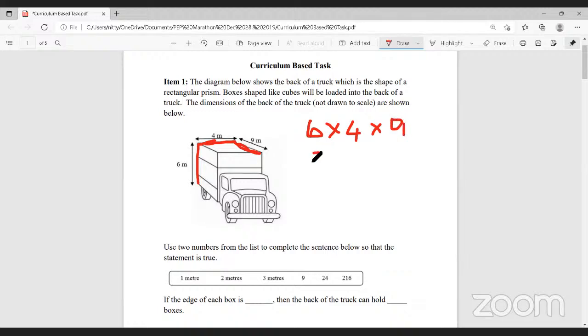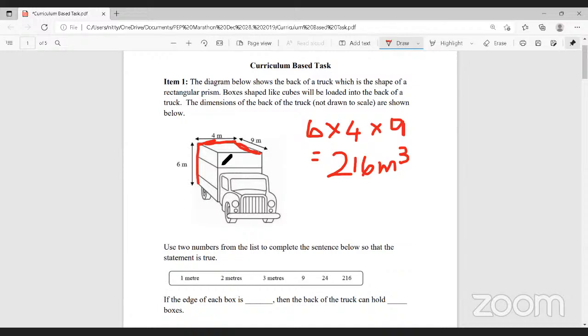And this gave us 216 cubic meters. And I hope everyone else is following, or I hope you all had basically the same calculation. So we would have found the volume of the back of the truck.